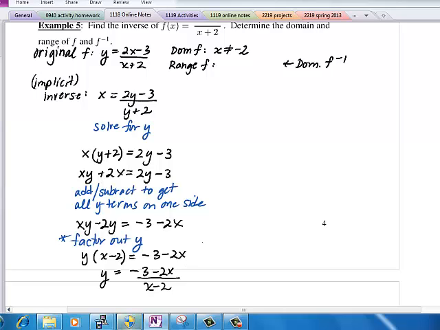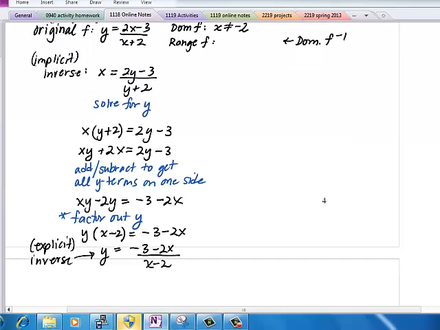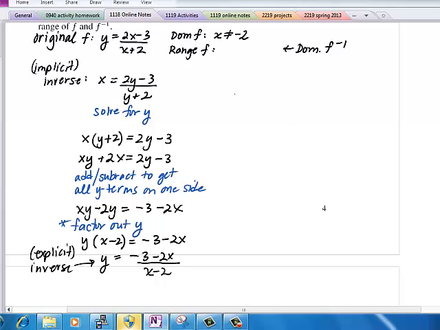And that's the explicit inverse, which is what I want to get to. And once I'm there, then I can switch to inverse function notation. So I've figured out that f inverse of x is going to be (negative 3 minus 2x) over (x minus 2).